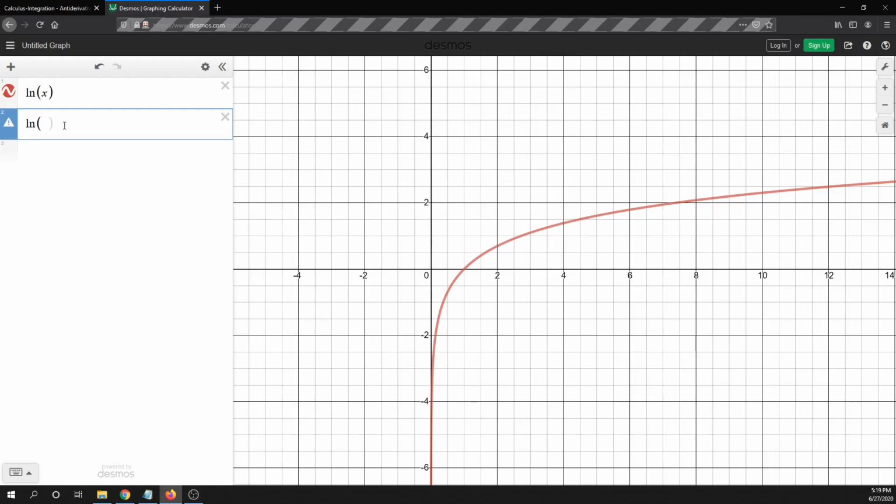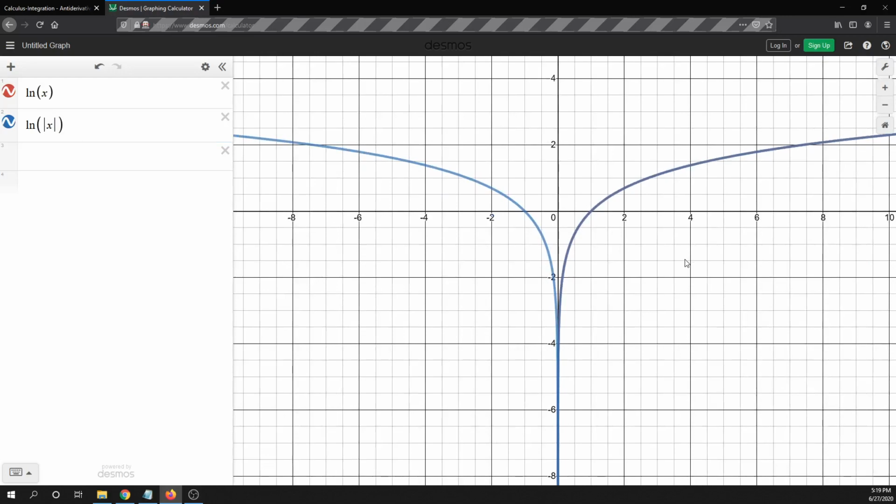And I think I'm going to have to enter it like this. If I graph the natural log of the absolute value of x, then not only do I get this part over here on the right, I also get this part over here on the left.